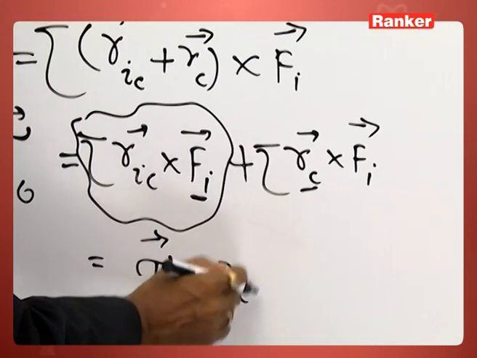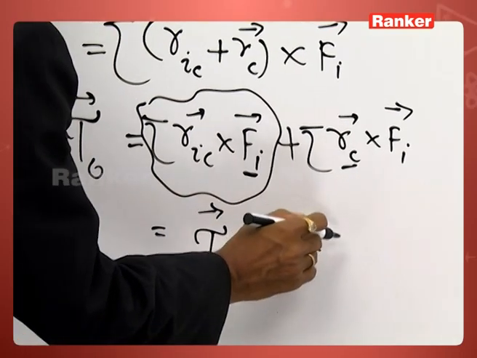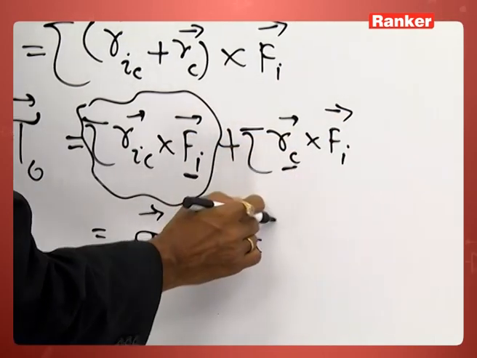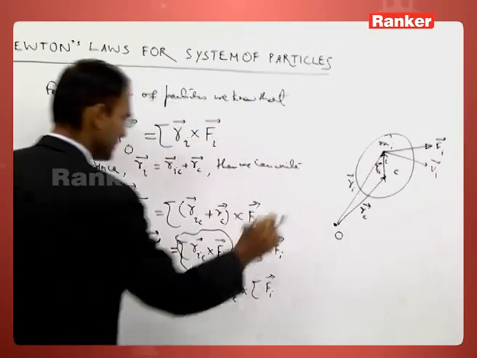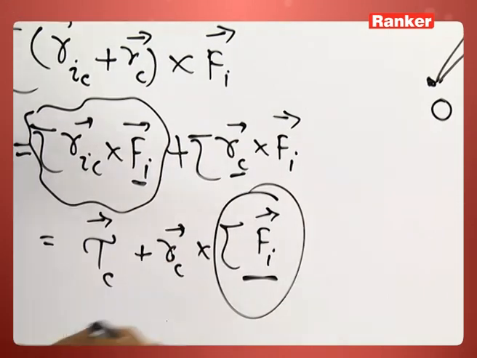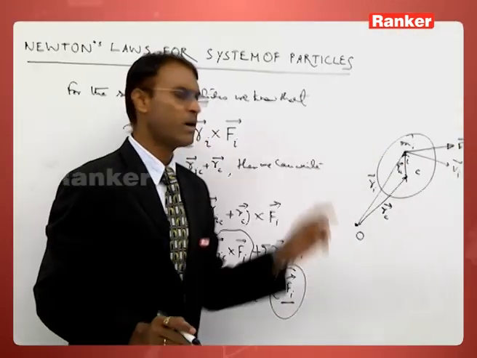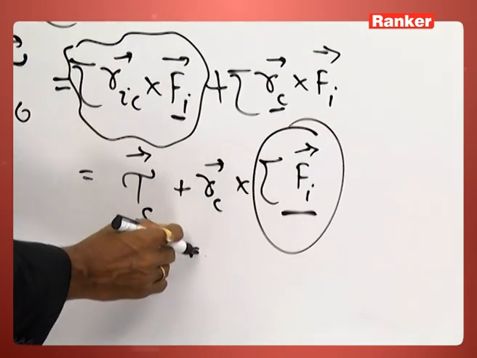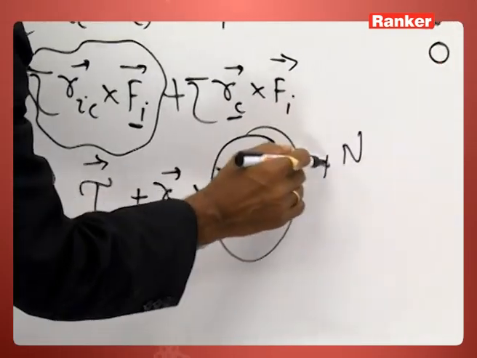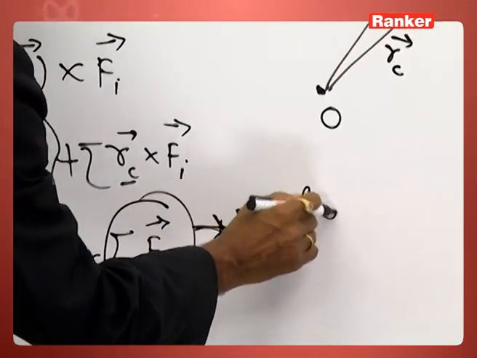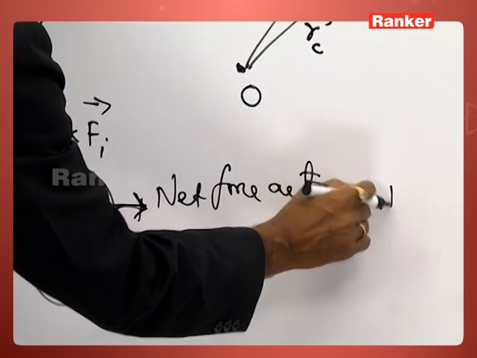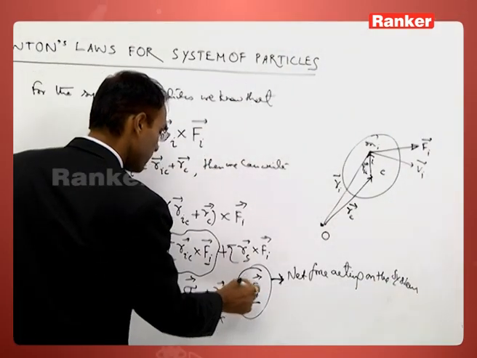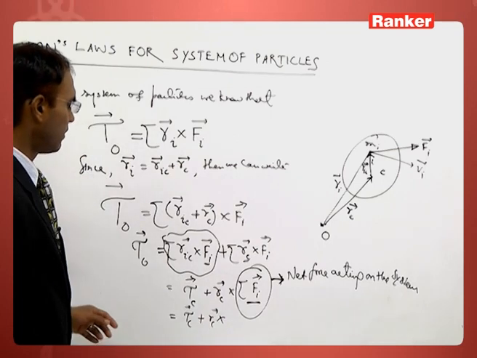RC is a constant quantity. You pull it out, cross, and take the summation sigma inside, and this physically signifies the net force acting on the system, which is equal to the sum of the net forces acting on all the particles.